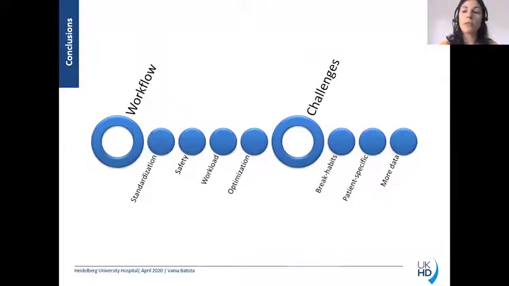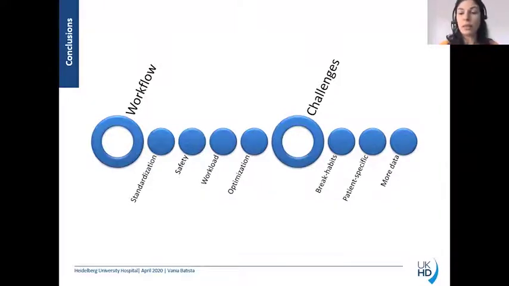The workload is slowly reducing. The first fraction, you always need some extra time, but then every fraction gets quicker. We also need to optimize our workflow in the beginning, because more and more patients are now being treated using Line RT Advance.